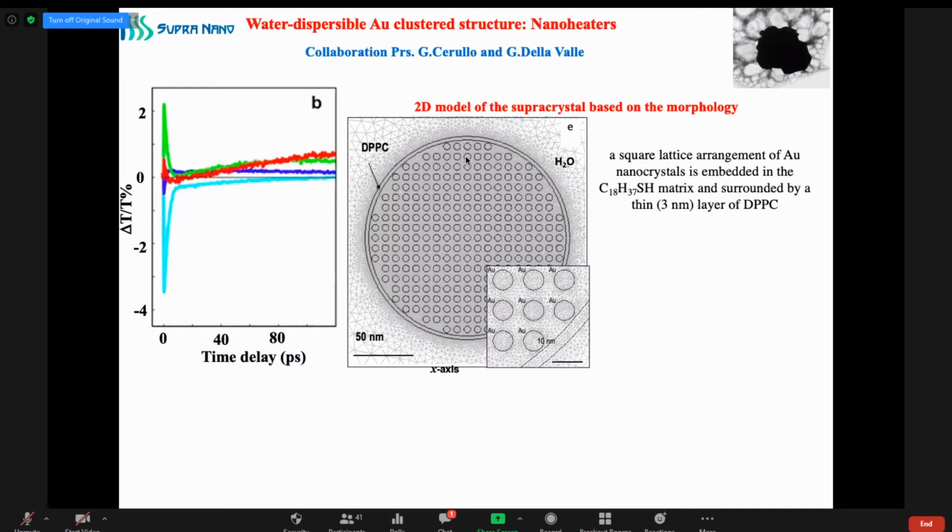And we will use this for internalization in cells. So we will compare the internalization of isolated particles, the same ferrite. The particles now are dispersed in water, either dispersed in water or as colloidosome or supraball.